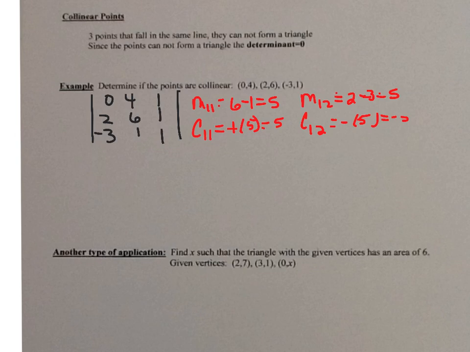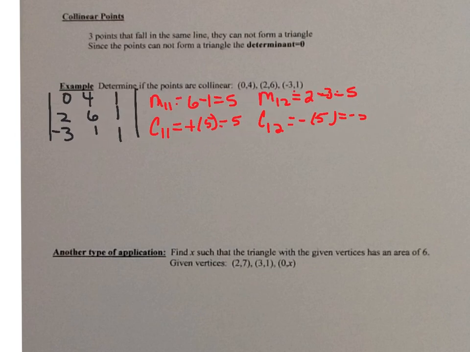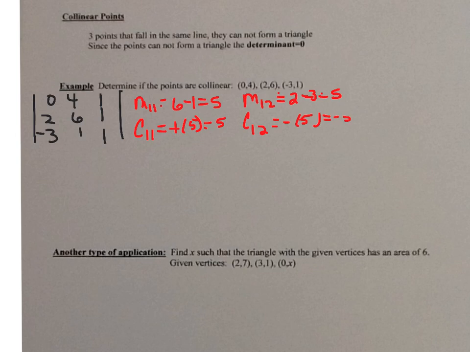And then we need minor 1, 3. So minor 1, 3 is going to be 2 minus negative 18, which is 20. So my cofactor 1, 3 is going to be positive 1 times 20, which is 20. Okay, so now my determinant.